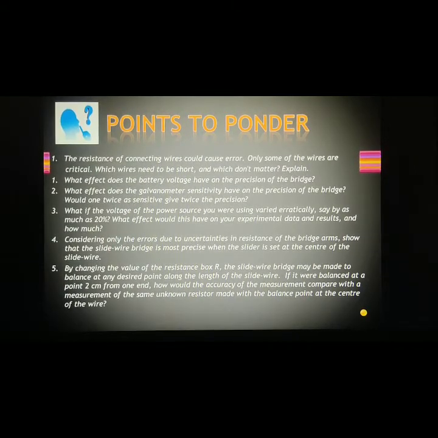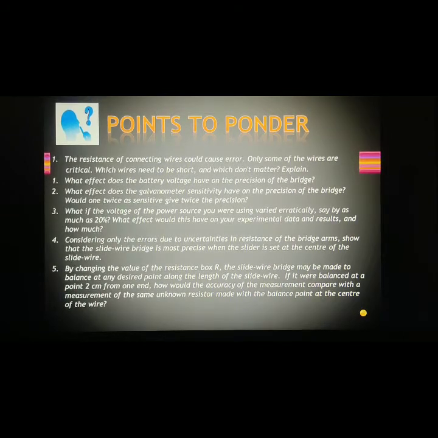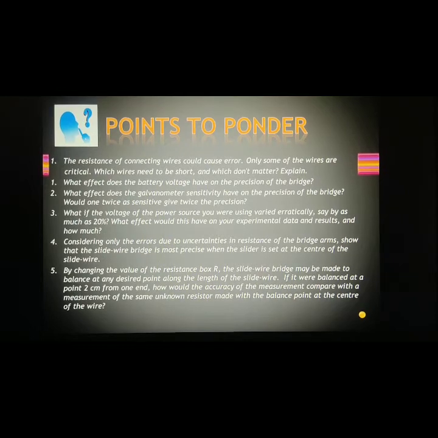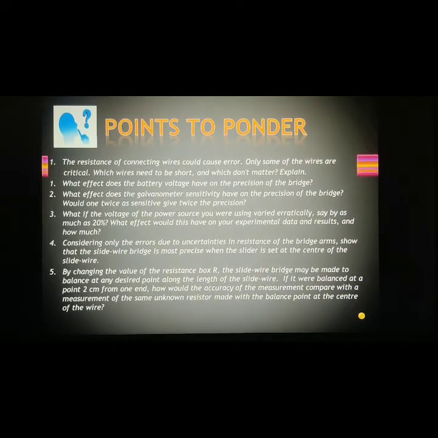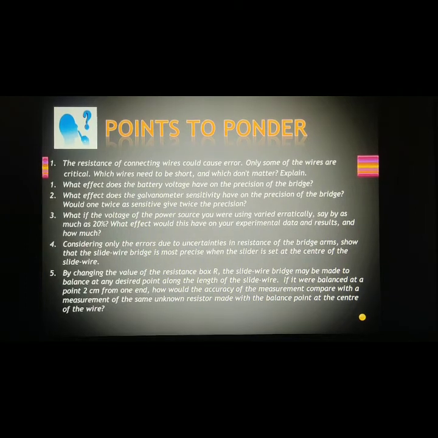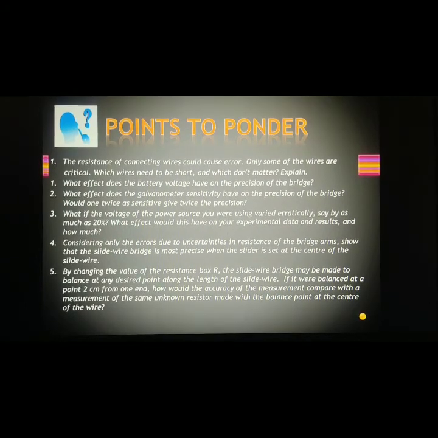If it were balanced at a point 2 centimeters from one end, how would the accuracy of the measurement compare with a measurement of the same unknown resistor made with the balance point at the center of the wire?